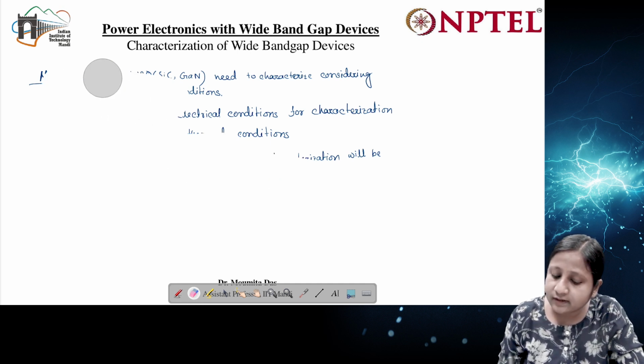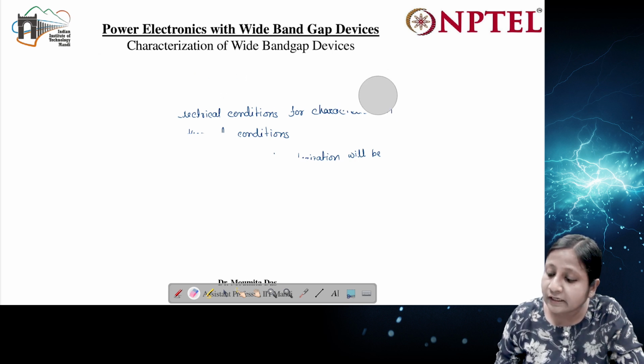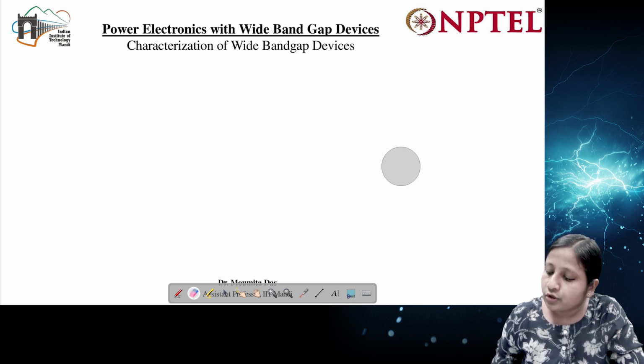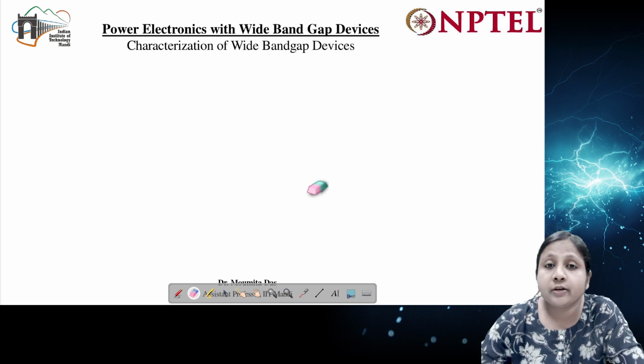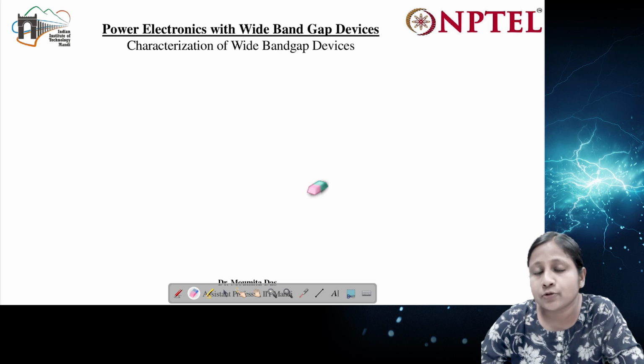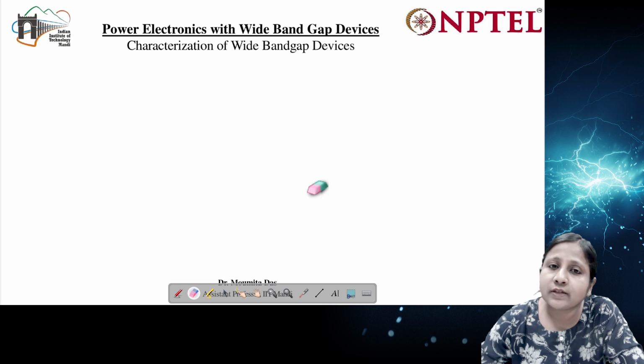So what characterization do you need for your converter design? Basically, what are the different parameters you need with respect to the converter design? When we say converter design, the first thing which comes to your mind is the rating of the device. Rating of the device means the voltage and current ratings.